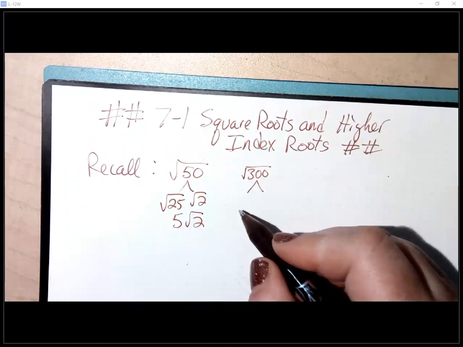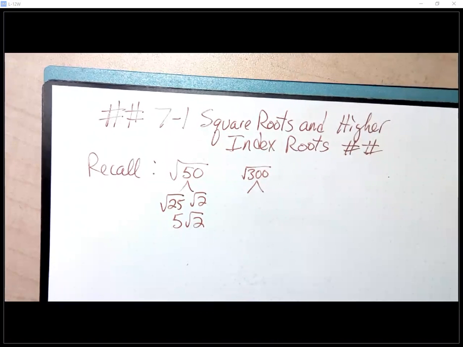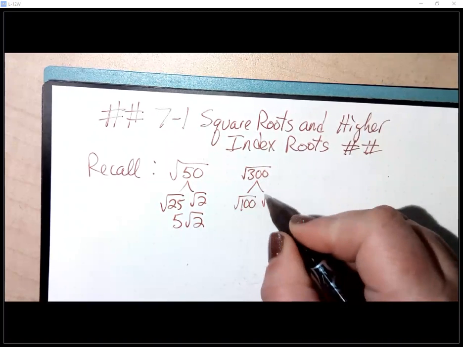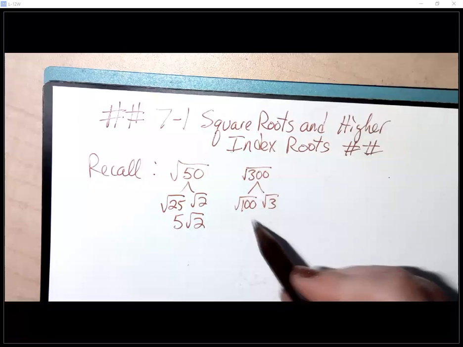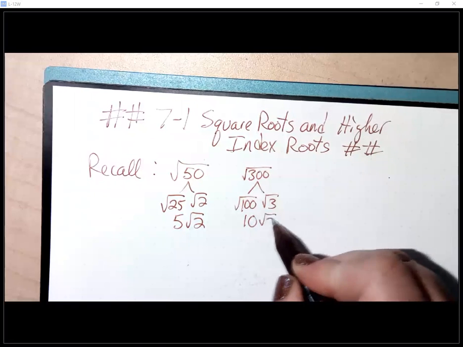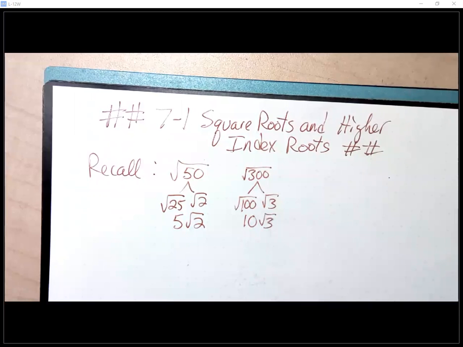There's more than one, right? 4 goes into 300, 25 goes in. I always want the largest perfect square that goes in. So in this case, it's 100. So that would split into 100 times 3. And the square root of 100 is just 10. So that simplifies to be 10√3. Okay, is everybody with me? And you remember this? This is old news?